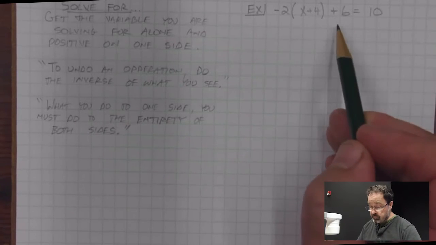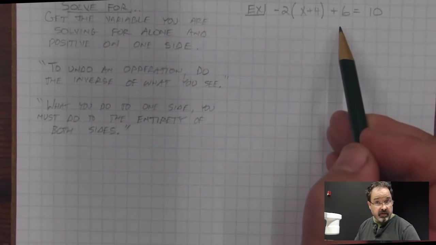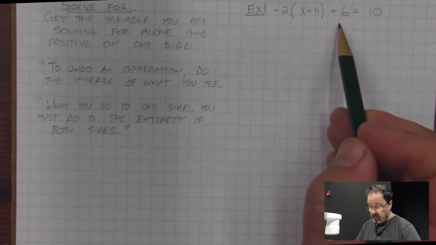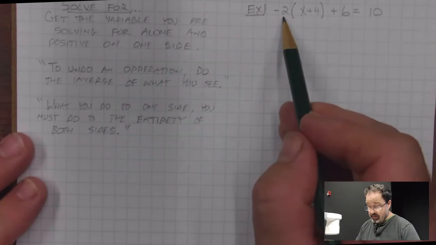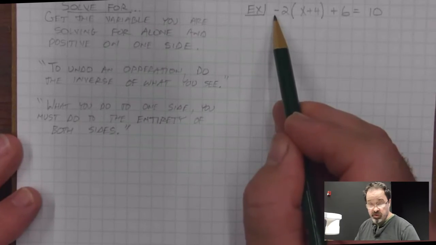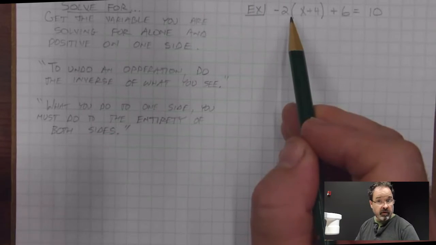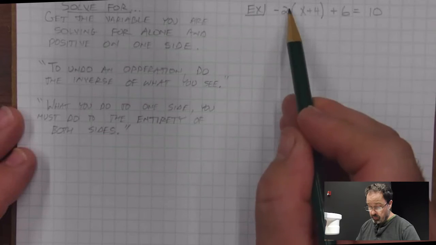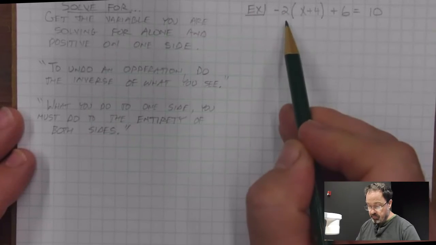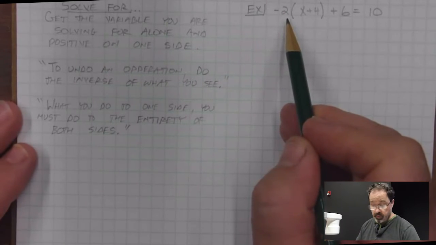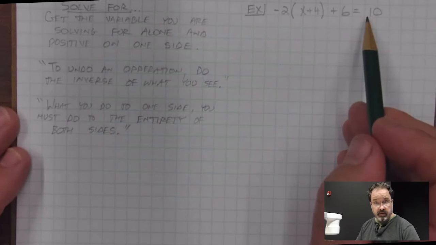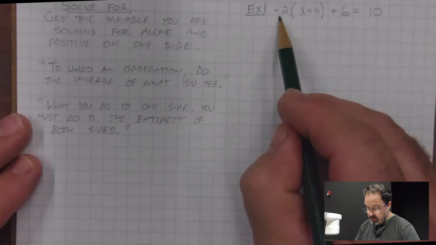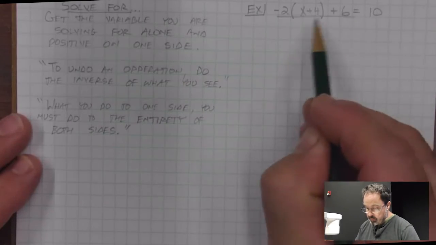So I would choose to subtract 6 from the entirety of both sides. I could also immediately undo this multiplication by -2. It's an uncommon choice to make, but it's not wrong to attempt to undo this -2 multiplication right away. I'm going to make that choice. I'm going to divide this side by -2.